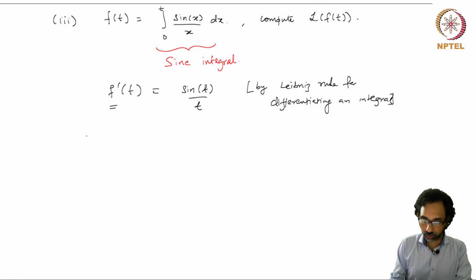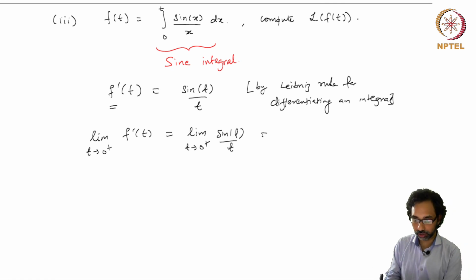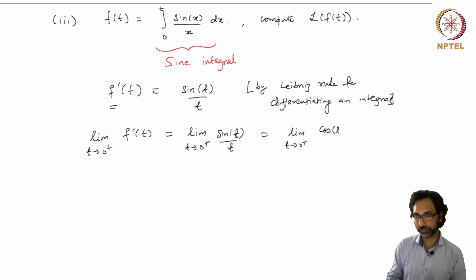but at 0 let's see that the limit as t tends to 0 from the right hand side of f prime(t) exists. This is sine t over t, and you see here that both sine of t and t are going to 0. So for example by L'Hopital's rule this is the same as the limit as t tends to 0 plus of cos of t.